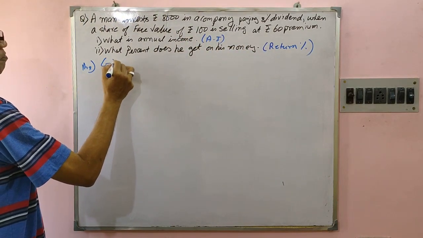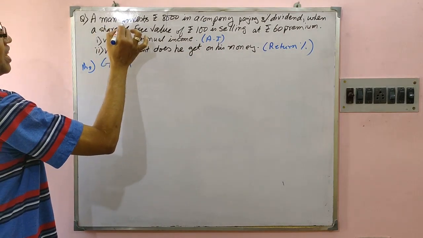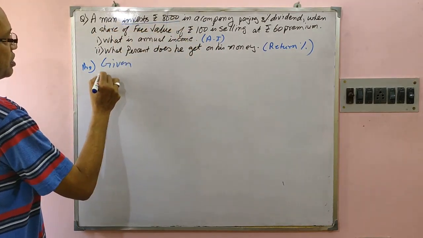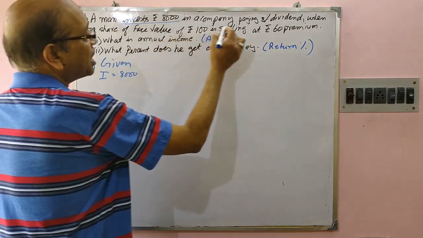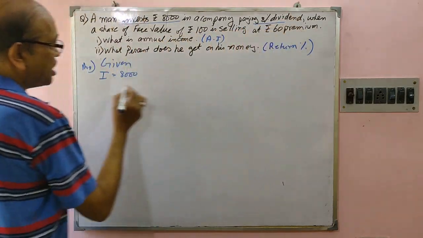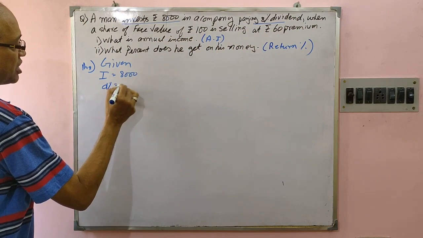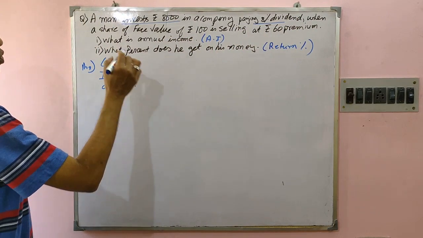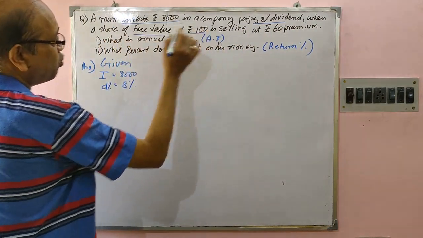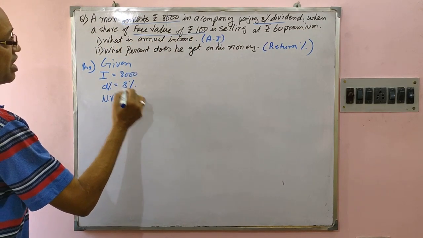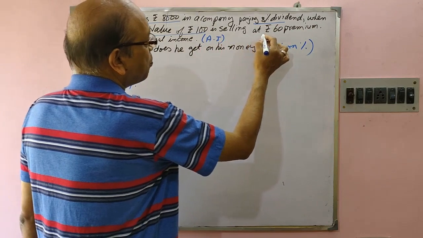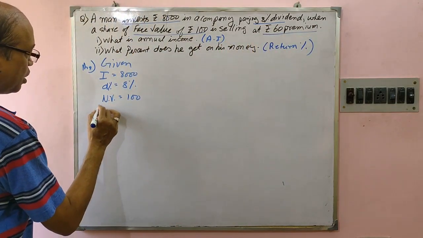What is given? A man invests some, that means investment is 8,000 in a company paying 8% dividend. That means D% is 8%. When a share of face value rupees 100, that means nominal value is 100, selling at a rupees 60 premium.